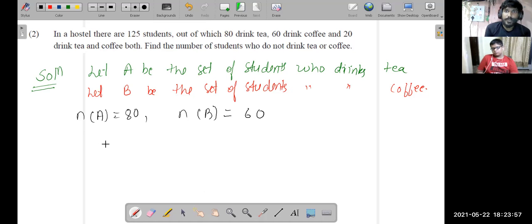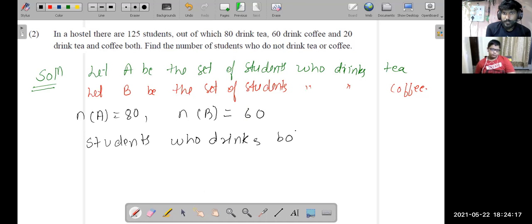What else is given in the question? What is 20? 20 is the number who drink tea and coffee both. So students who drink both tea and coffee.